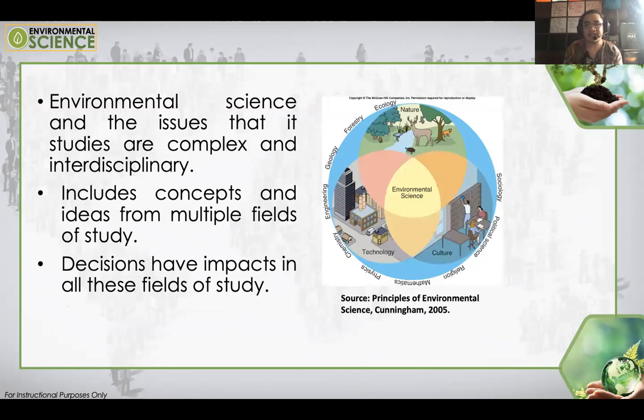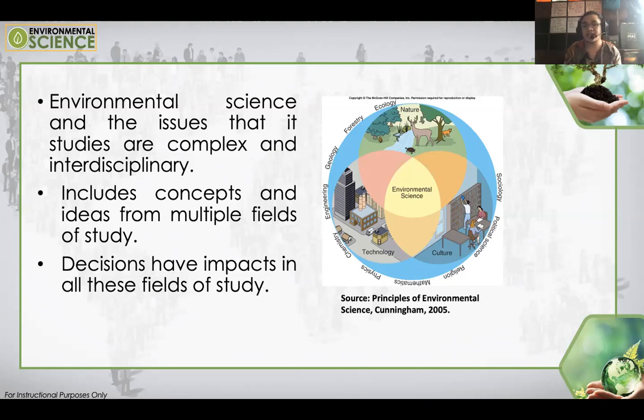Environmental science and the issues that it studies are complex and interdisciplinary. Includes concepts and ideas from multiple fields of study. Decisions have impacts in all these fields of study. So if you can see doon sa image na nakuha ko po kay Cunningham noong 2005 sa kanyang Principles of Environmental Science, environmental science is at the middle of this tri-Venn diagram.